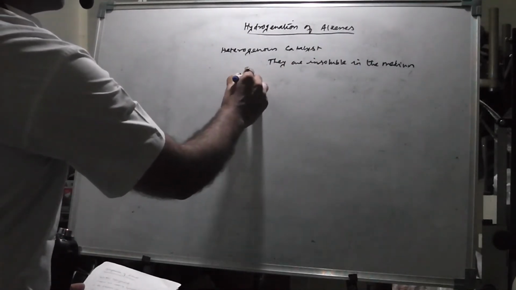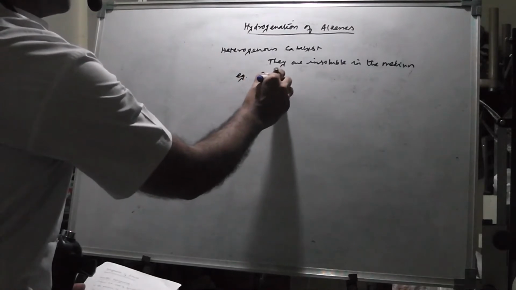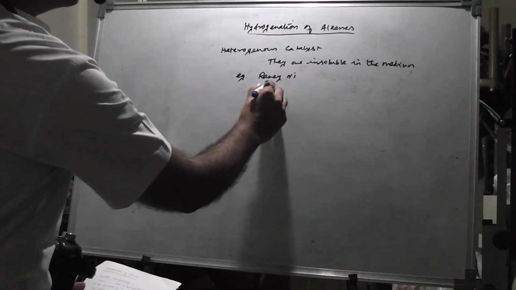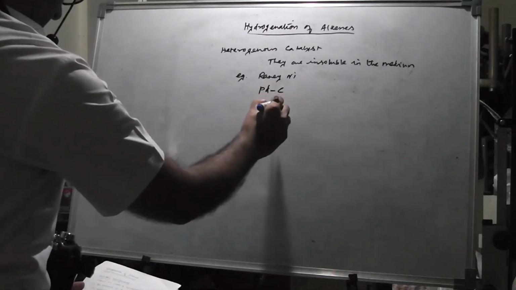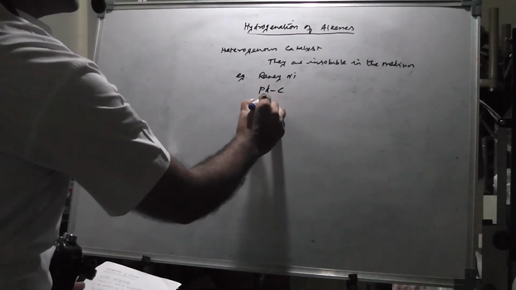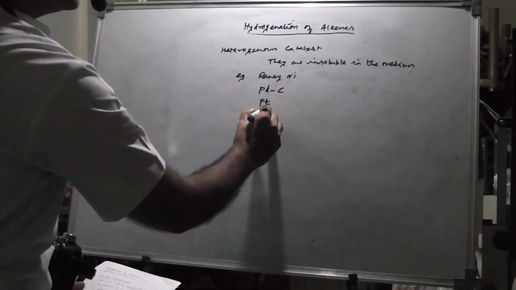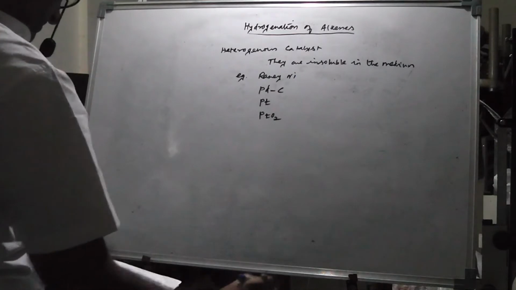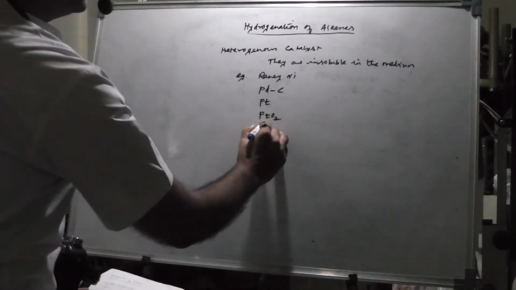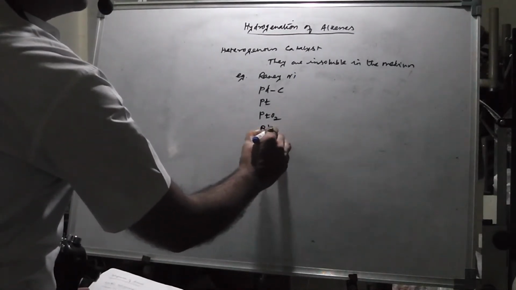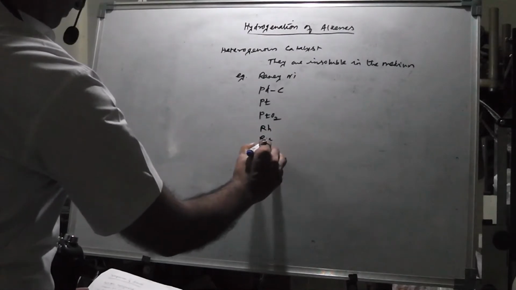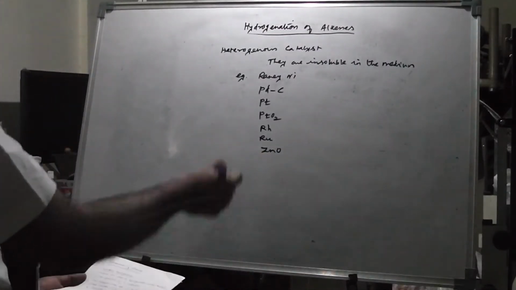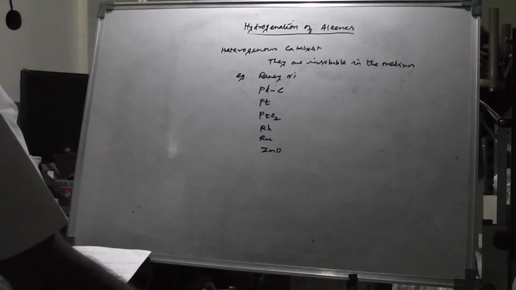Examples: Raney nickel, palladium on charcoal, platinum metal, platinum oxide, rhodium, ruthenium, zinc oxide. These are all examples of heterogeneous catalysts.